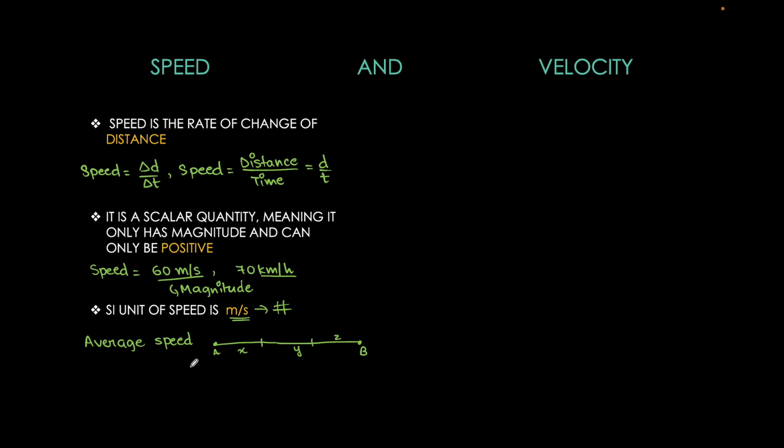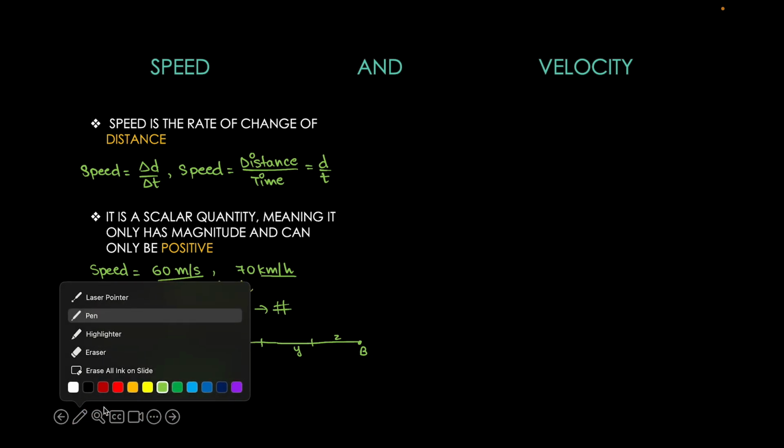Now, if you need to know the average speed with which you are traveling in this entire journey, average speed is equal to total distance, which is basically the total path length between A and B, divided by the total time taken to complete this entire journey from point A to B, right? So average speed can be calculated as total distance divided by total time.